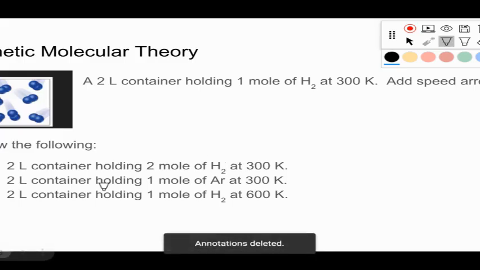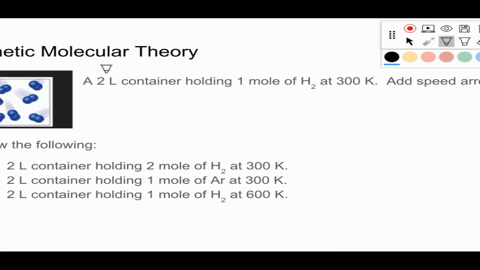So this is giving us different conditions, okay? So this was 2 liters containing 1 mole of H2 at 300 Kelvin. It's asking me to draw another one with a 2-liter container holding 2 moles of H2. So I'm going to make a box that's roughly the same size. I'm never very good at this. And this one has 1, 2, 3, 4, 5, 6, 7. That means in here I need to have 14.